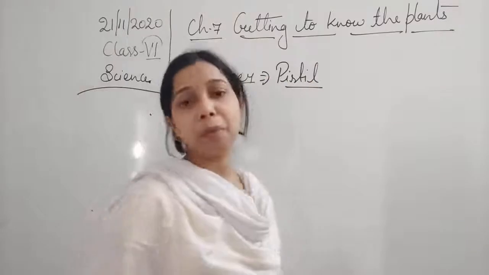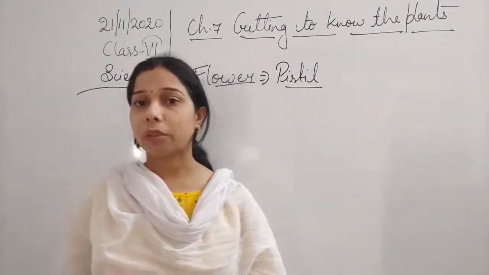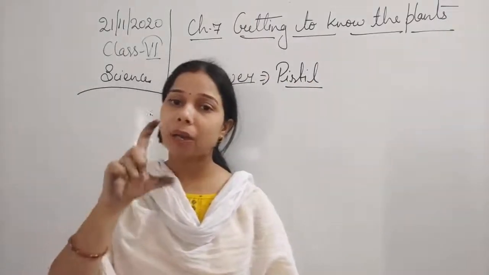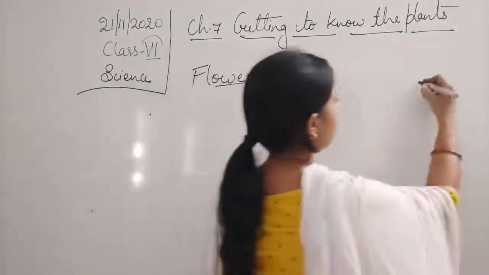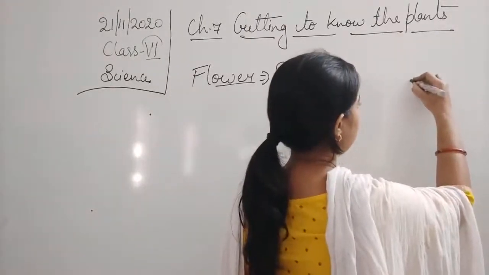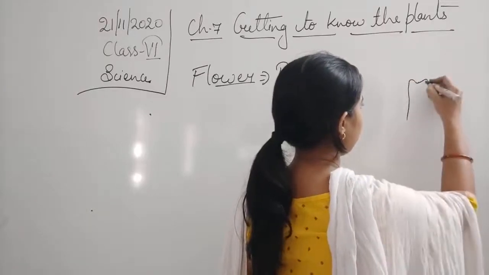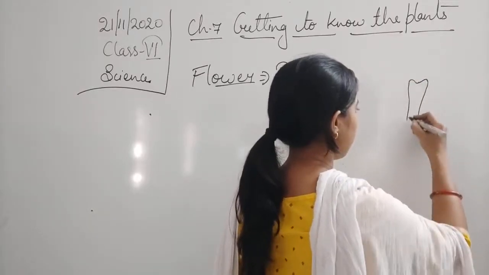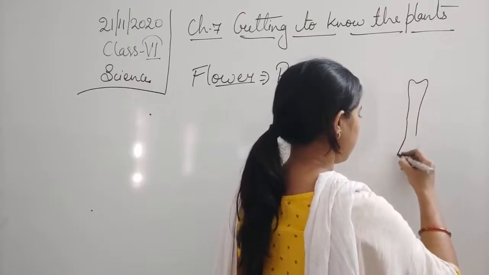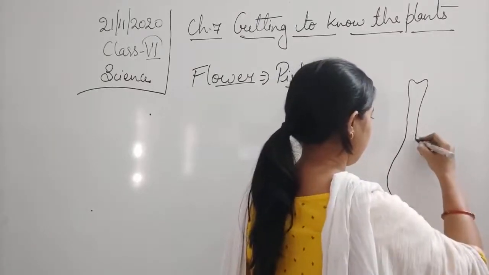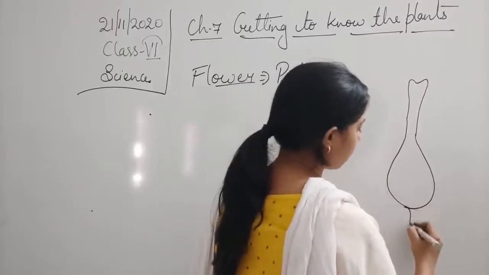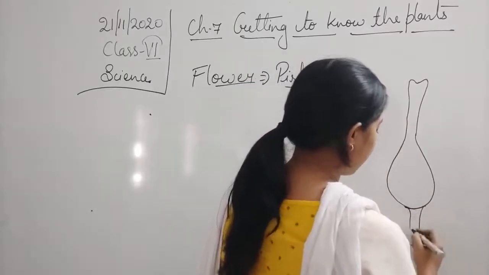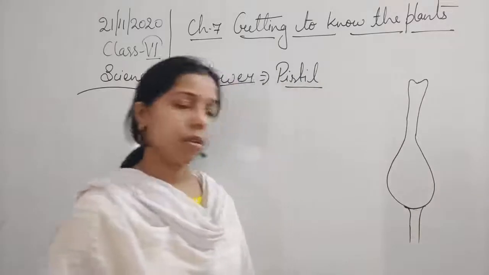Now when you look at the pistil, students, what is the pistil? It is the female part of the flower. When you look at the diagram, you will find it attached to the flower.